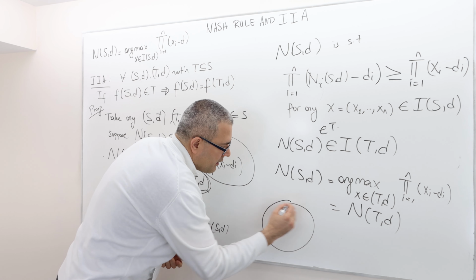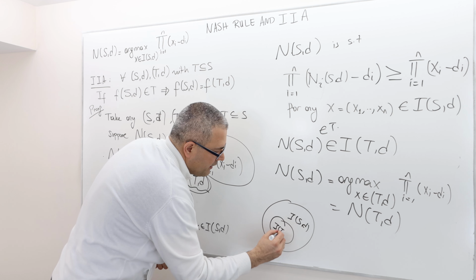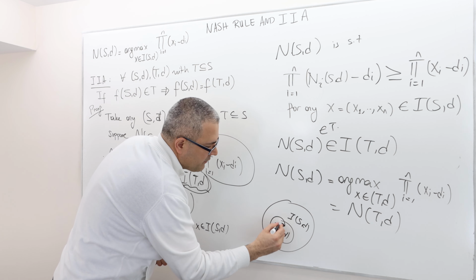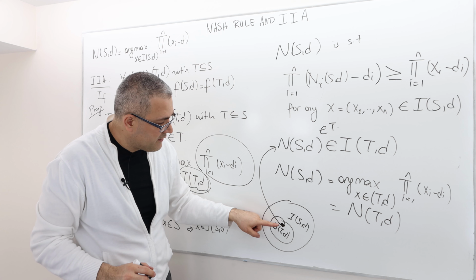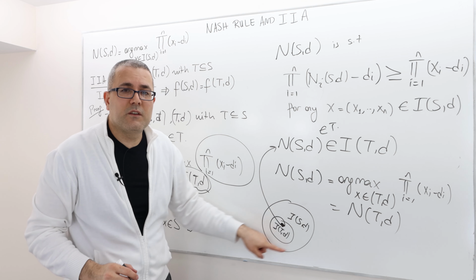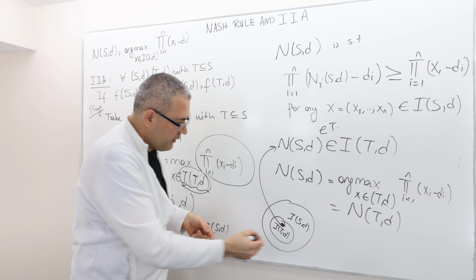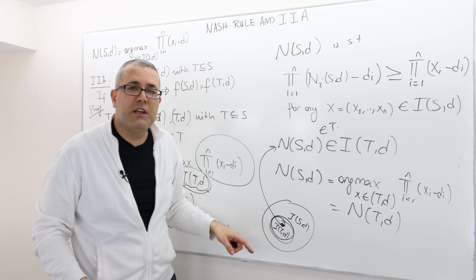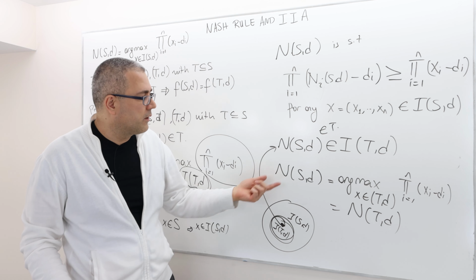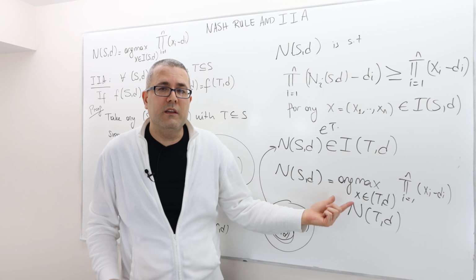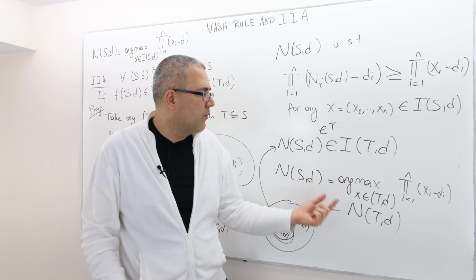So this is like I(S, d), and this is I(T, d), and this is my payoff vector. This payoff vector beats everything in the bigger set, so it gives a higher multiplication. Then obviously it should give a higher multiplication than all the other payoff vectors in the smaller set as well. So this payoff vector should be the solution to this problem. So it's equal to the argmax. Why equal to?